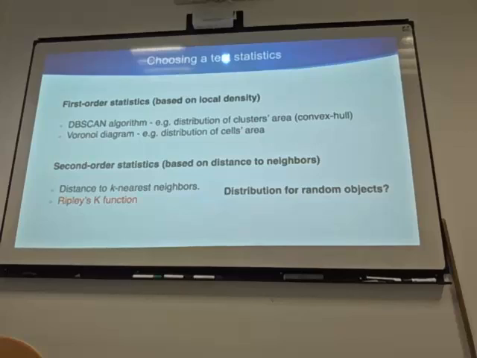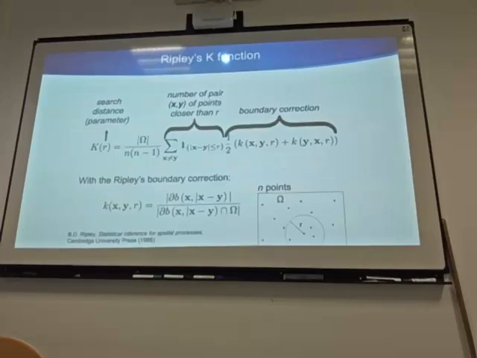So for Ripley's K function, this is the one that we have been working on in the lab. You give a parameter R, which is a search distance parameter that can vary.